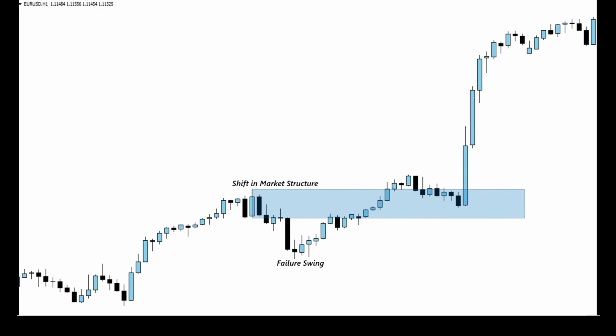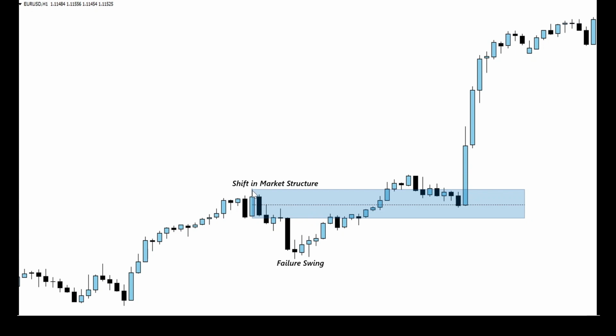Now, with the mitigation block, the most vital points of the mitigation block, in this case bullish, are the bullish mitigation block high, the mean threshold of the mitigation block, and the low of the mitigation block.